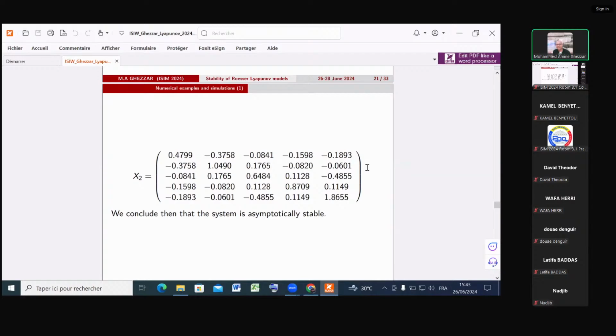We have to know that this work was published in 2020 in the Romanian Academy Journal Mathematica, for both cases, the discrete time and the hybrid time systems.